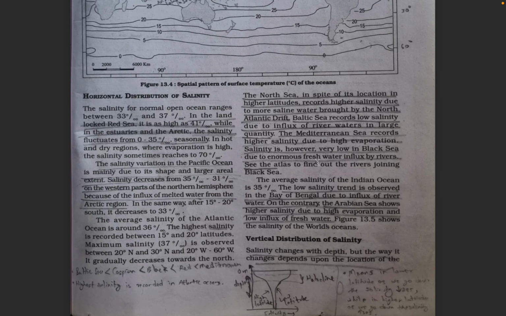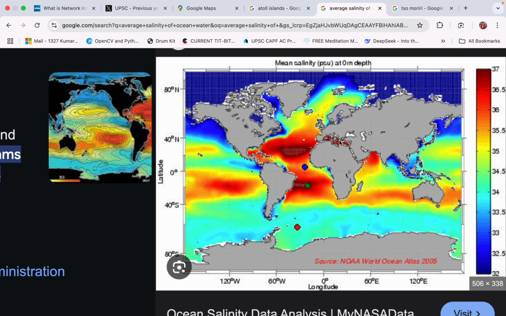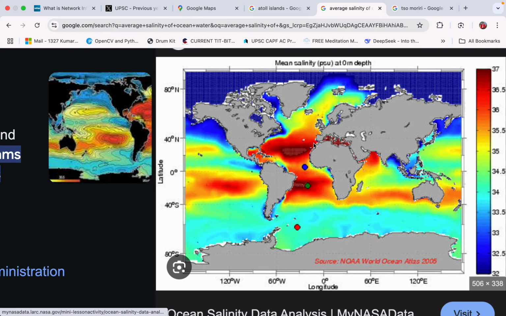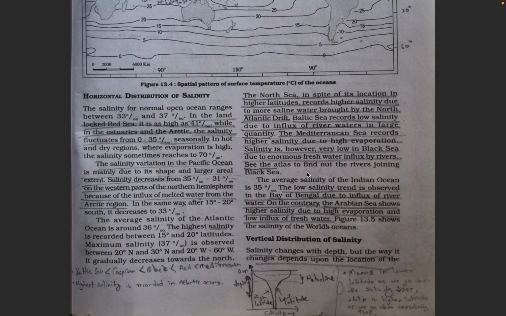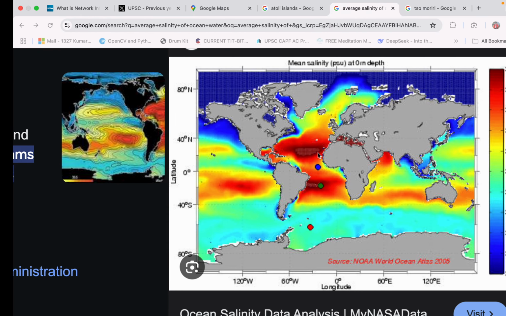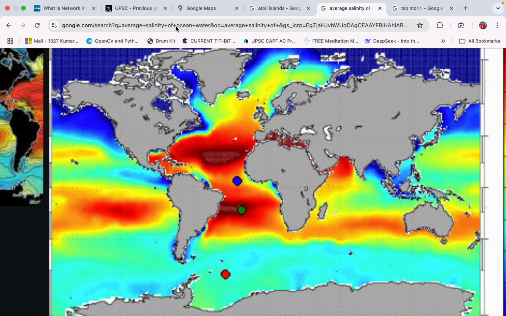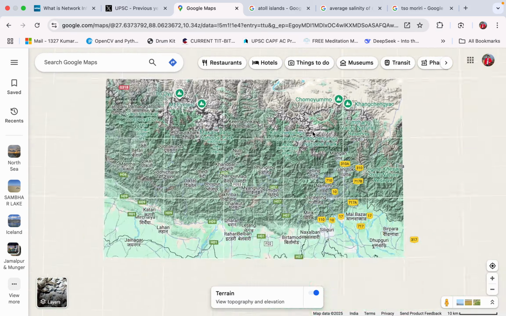The Mediterranean Sea records higher salinity due to high evaporation. In this part you can see that salinity is high because of the higher evaporation of water, as it is surrounded by land area. Salinity is, however, low in the Black Sea due to enormous freshwater influx by rivers. Let me show you over the map.